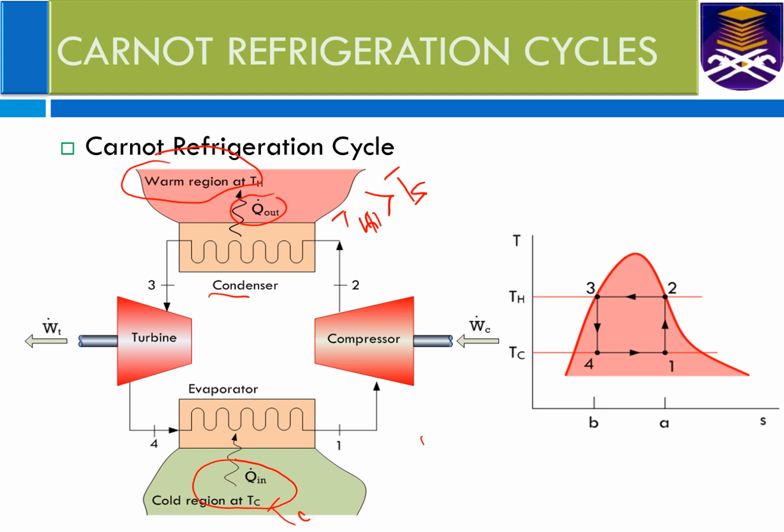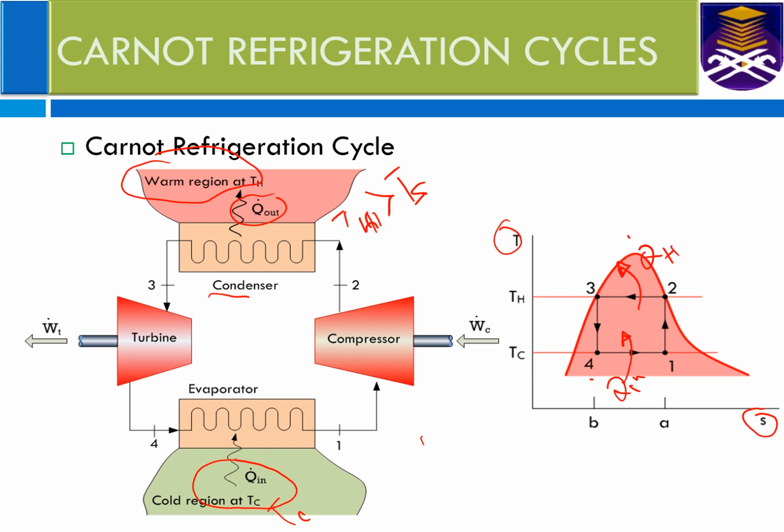The Carnot refrigeration cycle uses a refrigerant as the working fluid. Looking at the temperature-entropy diagram, the TS diagram, what we see here is process 4 to 1, which is heat absorption from the refrigerated space, and then temperature TH for the heat rejection to the surroundings.